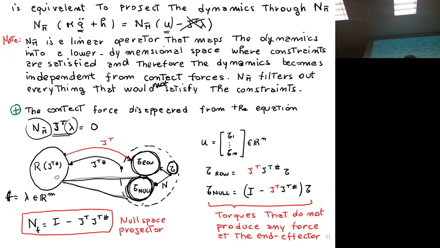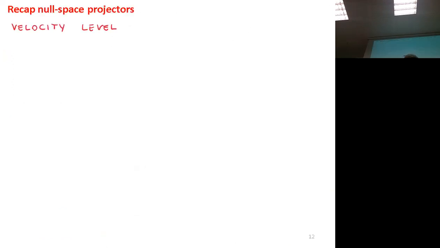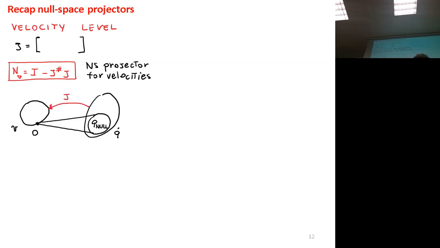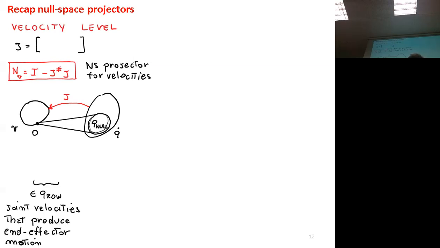But let's recap just to summarize and avoid confusion. We saw that at the velocity level, we have a null space projector for velocity that is built with the Jacobian. So we have the null space in the domain here, and the expression is I minus Jacobian pseudo inverse times Jacobian.